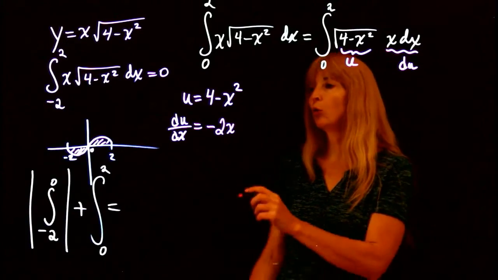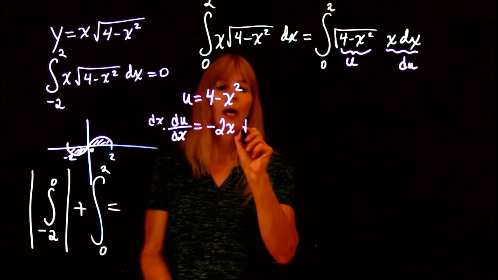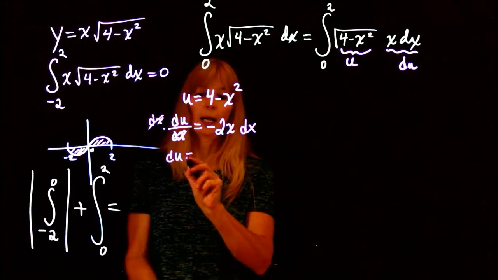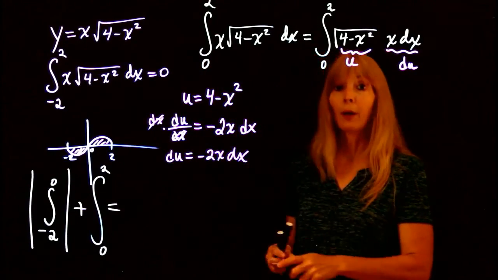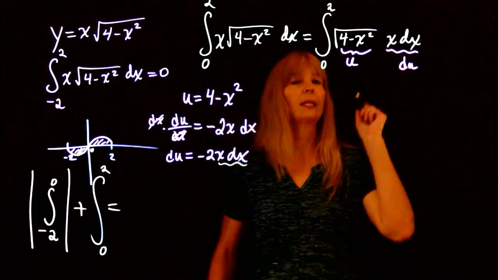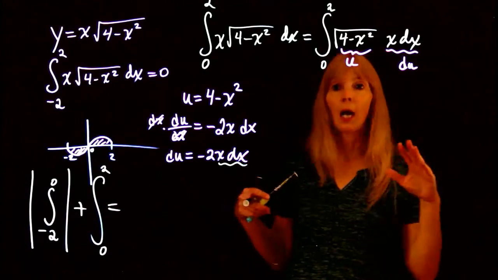And now what's kind of cool here is you can actually treat this like a fraction. I can multiply dx on both sides, and I get this, which looks pretty darn good, because if I go back up here, that's that piece. But the problem is that stinking -2. Not a problem.